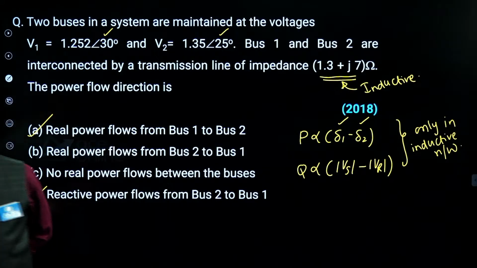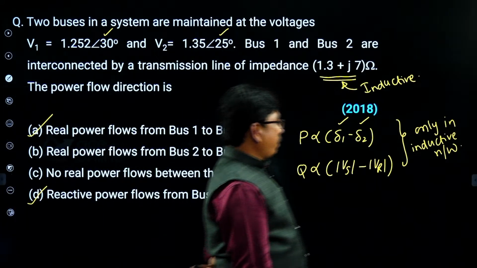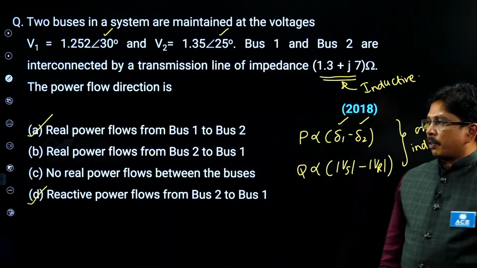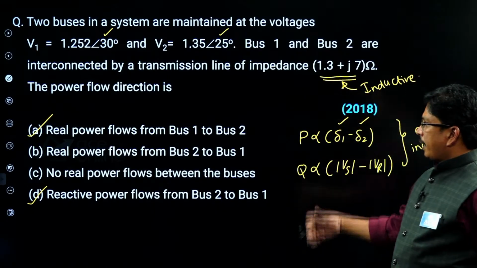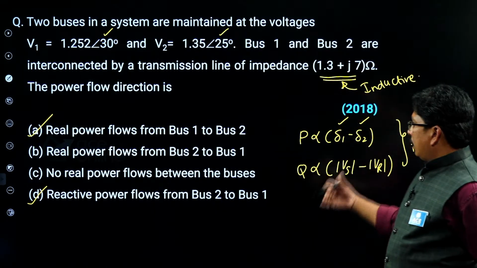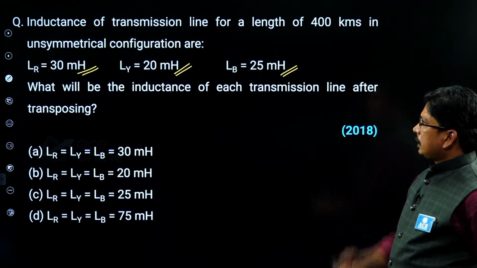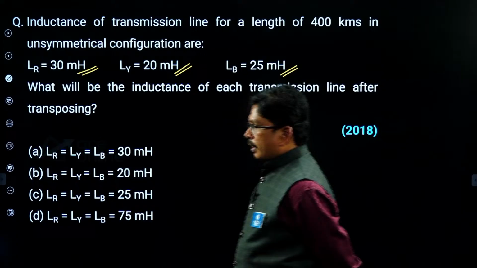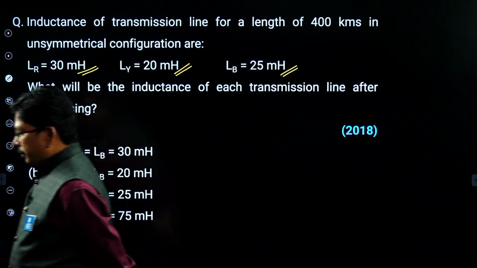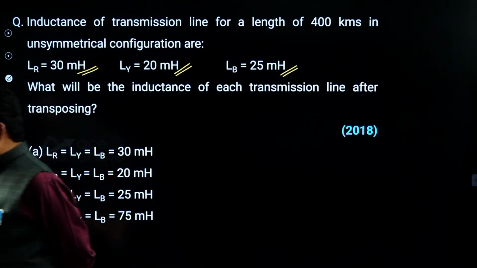In an inductive network, active power flows from high delta to low delta, and reactive power flows from high voltage to low voltage. Both are perfect only. Now coming to this question. They have mistakenly given two.